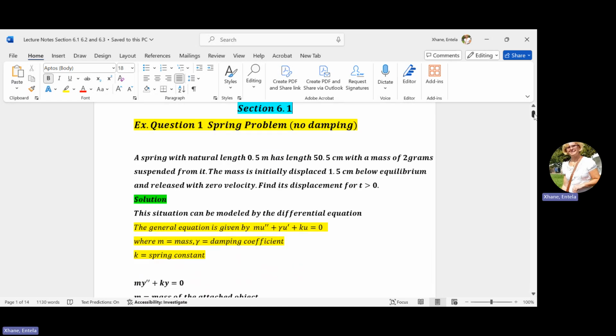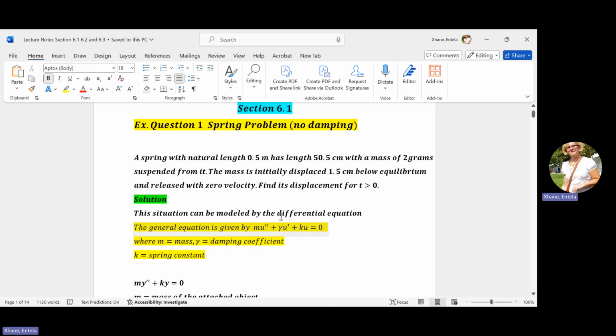Now, before we start with this example for question 1 of your homework assignment, let's review one more time the spring applications represented by the homogeneous second order differential equation of the form m u double prime plus gamma u prime plus k u equals 0, where u represents the displacement, a function of time, u of t, m represents the mass, gamma is the damping coefficient.